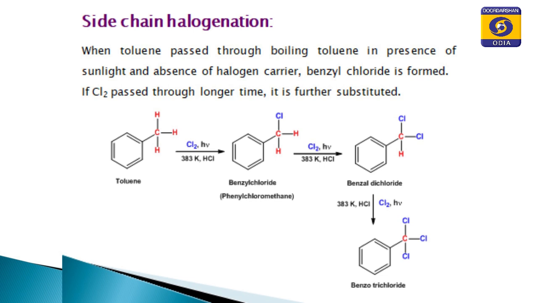suppose the side chain is not the methyl group, let it be ethyl benzene. Then which hydrogen is replaced by the halogen: the hydrogen attached to the carbon directly linked to the benzene nucleus, or the CH3?